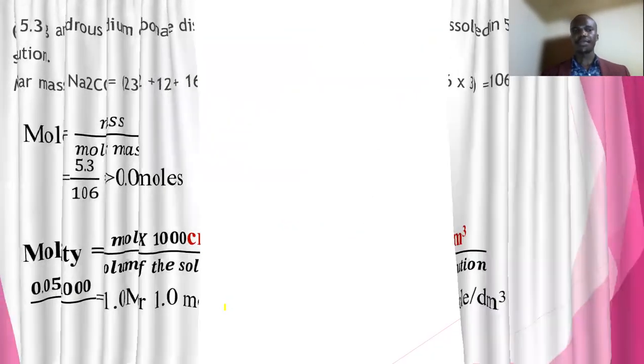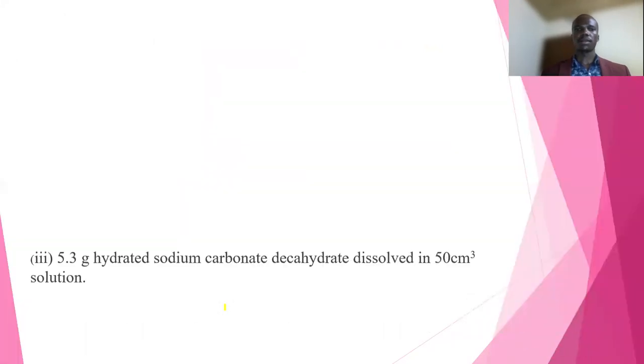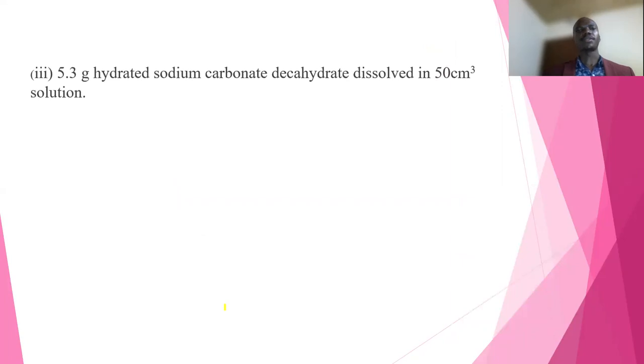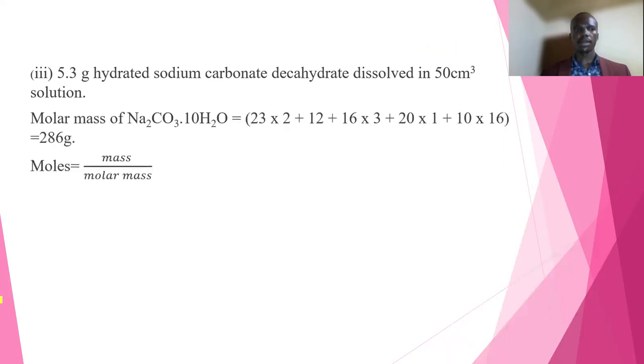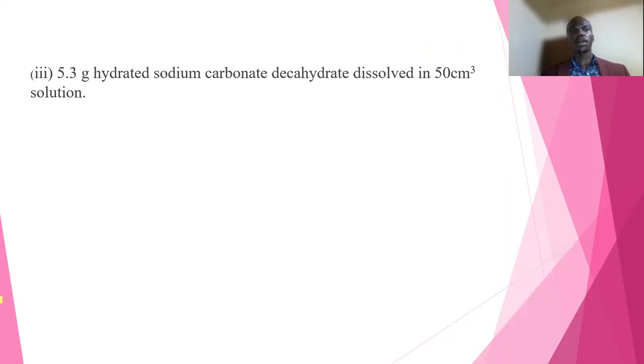Let's proceed. The last one, this one we have done. No, we have not done this, sorry. We have 5.3 grams of hydrated. Hydrated means there is water for crystallization. So we have hydrated sodium carbonate.